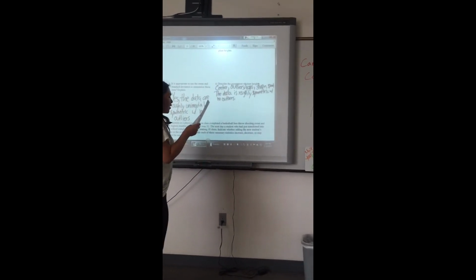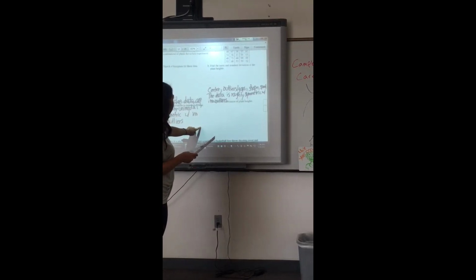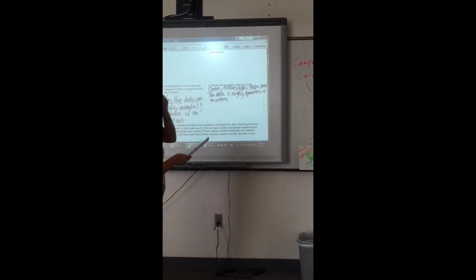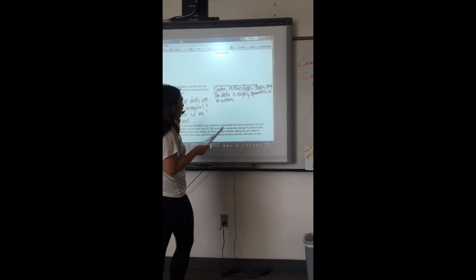And then to talk about the center, we calculated that the mean was 51 and the standard deviation is 10.6, so we could talk about that.